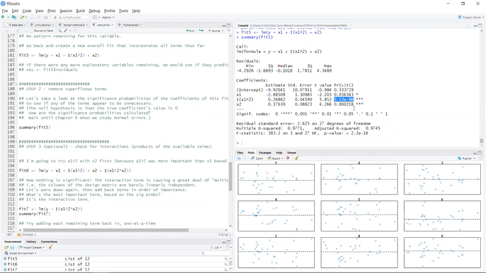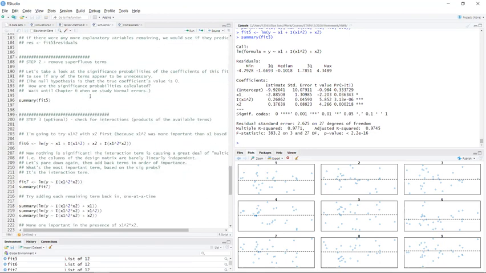So we see some small significance probabilities, and that indicates that we're not really seeing strong evidence. I mean, this is 0.03. That's below 0.05. We don't really have good evidence that any of these terms are 0 and can be dropped. We may drop some eventually, because we're still going to check for interactions.